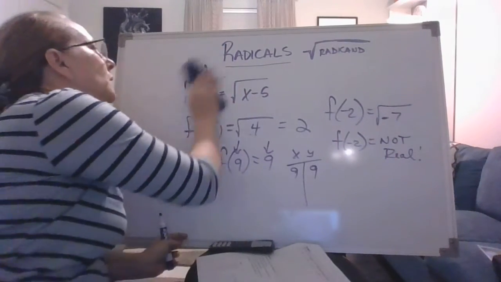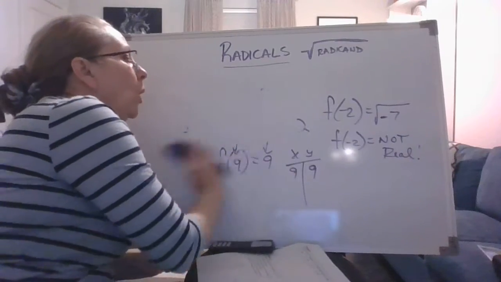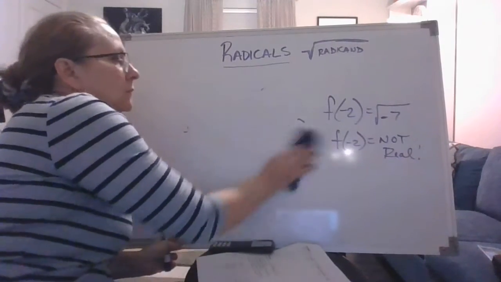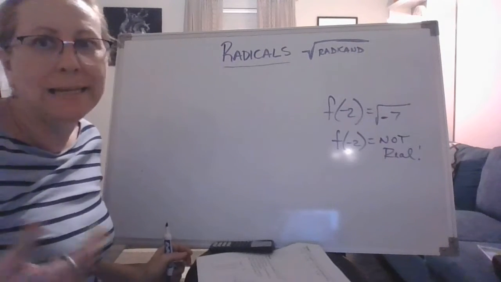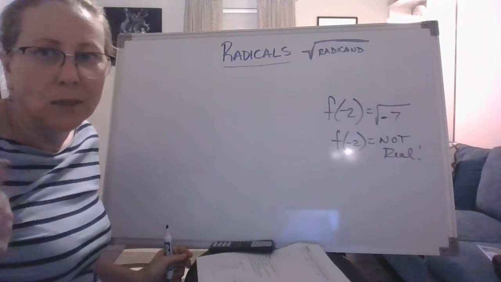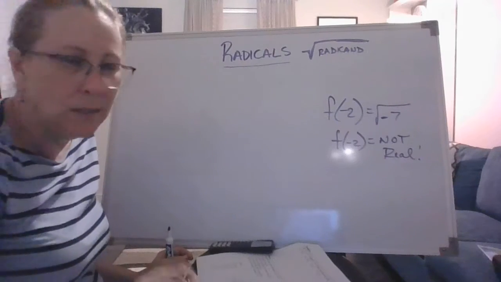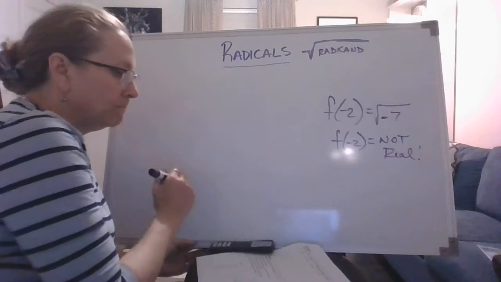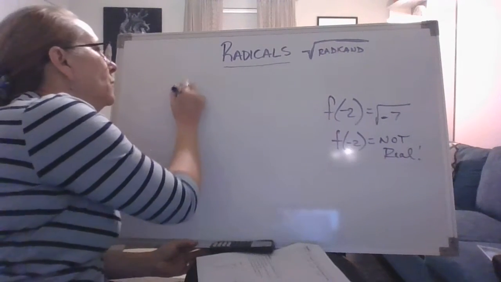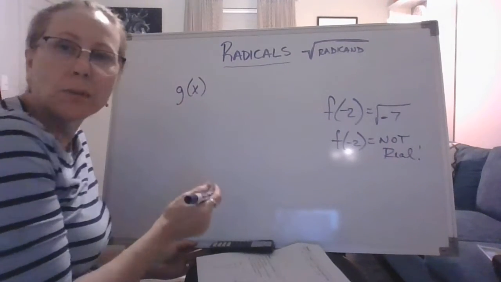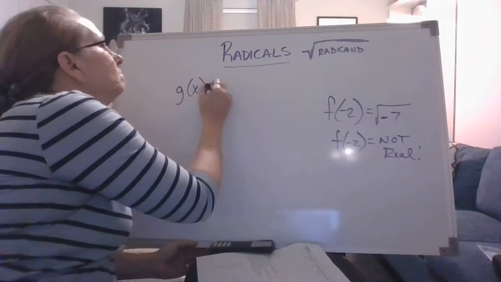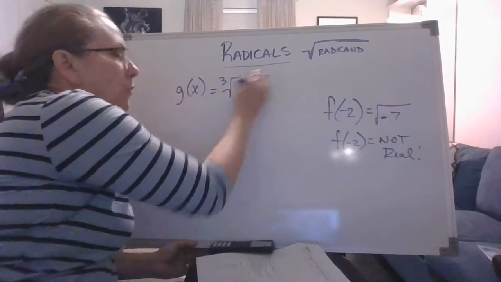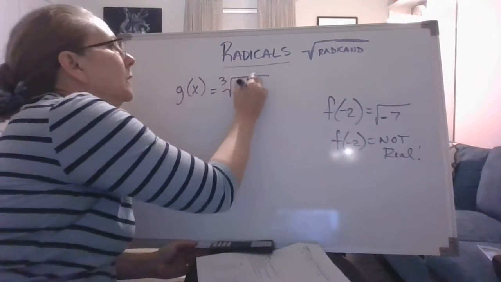Here's another function. They don't always use f. Most commonly, they use f and g and h, just like we use x, y, z for algebra quite often. So here's another function, g of x. And that's how we say it, g of x is equal to the cube root of x plus 3.